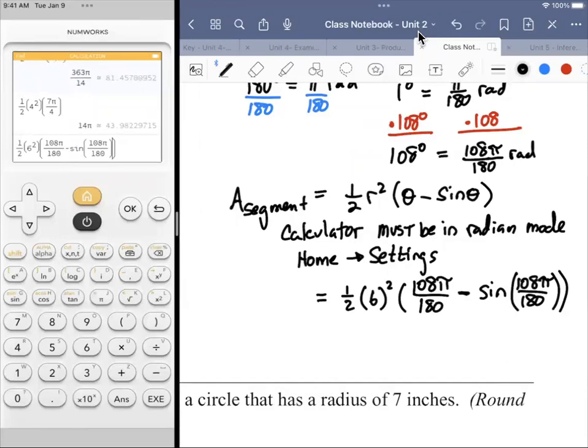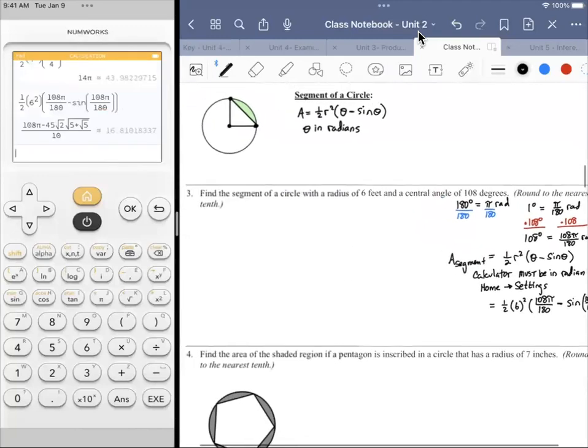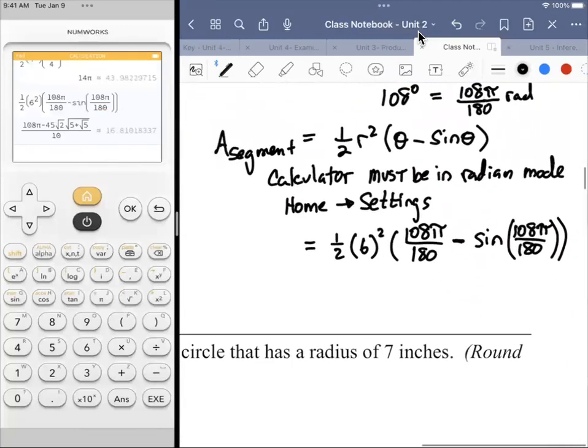Oops, one too many. This is what you type into your calculator, all in the home screen, which is nice. Once you convert to radian mode, everything else you do is in the home screen. So to the nearest tenth, we're looking at about 16.8 square feet.